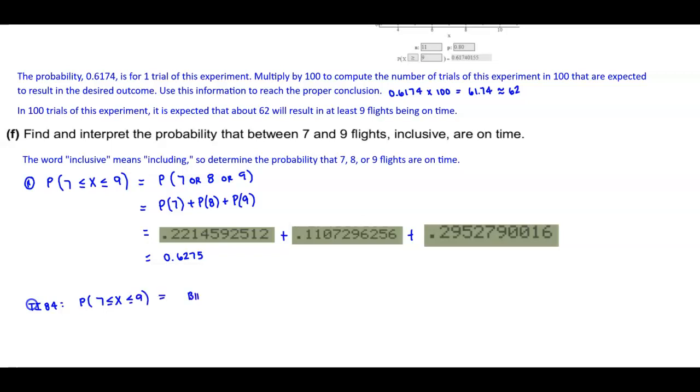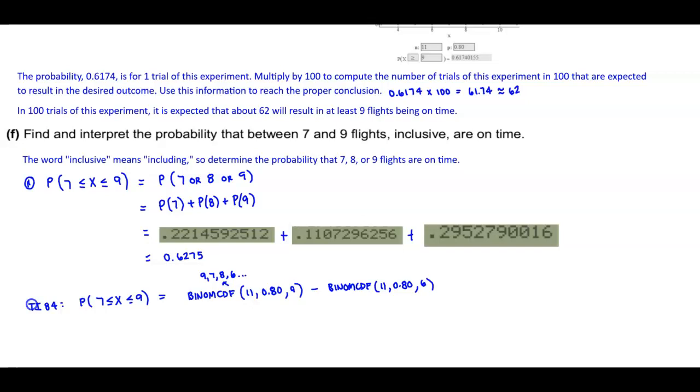We would need to take the binomial cumulative CDF of 11 trials, probability of 80%, and then starting at 9, and then we're going to subtract the binomial CDF, which is again 11 trials, probability of 80%, and then 6.